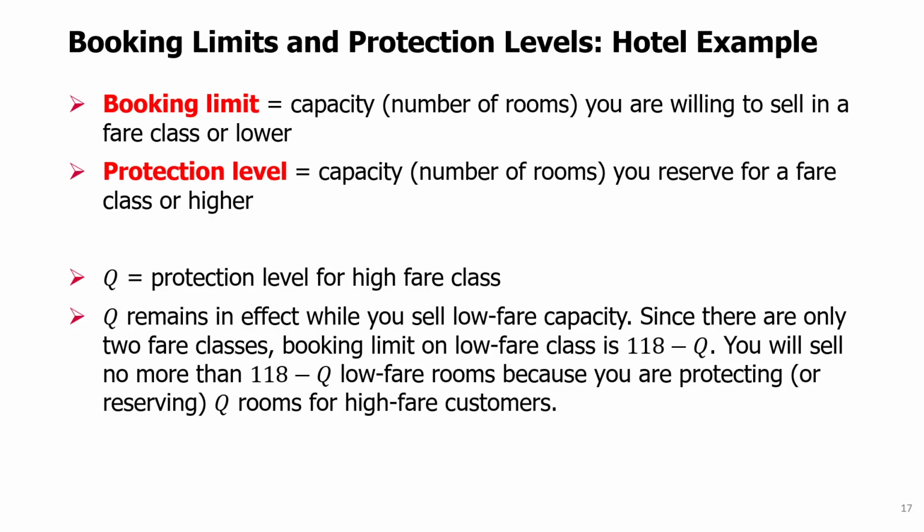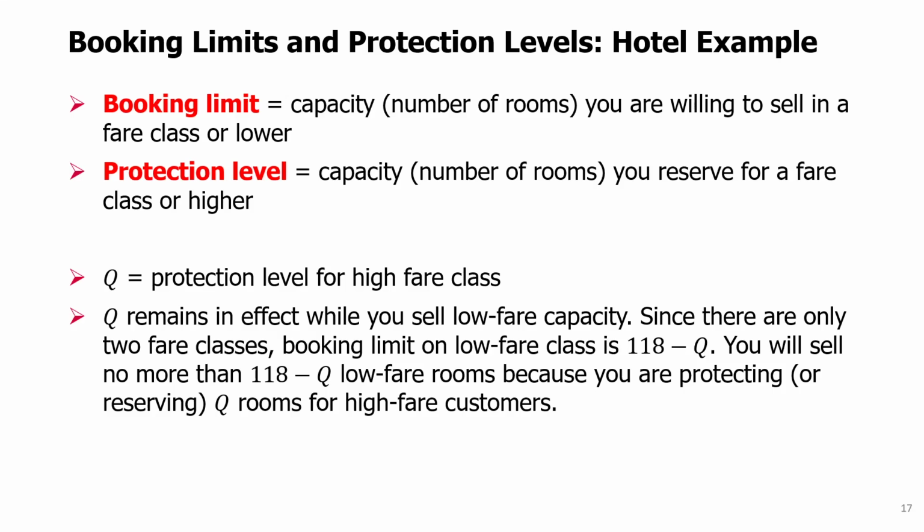A booking limit is the capacity, or in our case, the number of rooms that we're willing to sell in a fare class or lower, right? So here, because we only have two fare classes, we would have a booking limit for the low fare so that enough can stay available for the high fare.